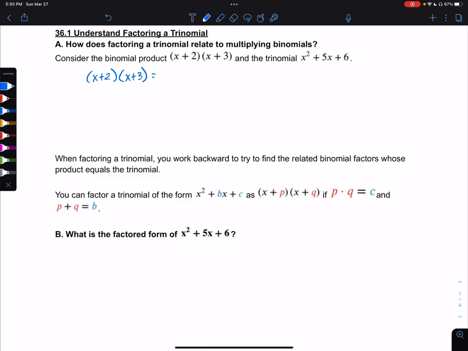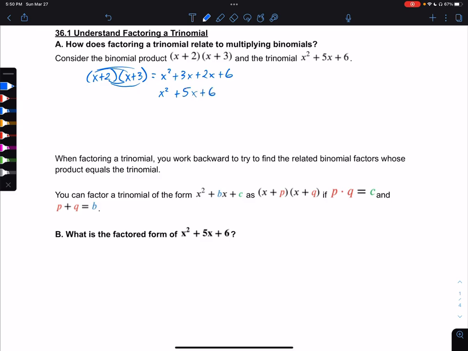If you were to multiply these out, we use distribution, so we'd have x squared. So if this gets distributed, plus 3x, and then distribute the 2, so you get plus 2x plus 6, and then combine like terms, and you get x squared plus 5x plus 6.